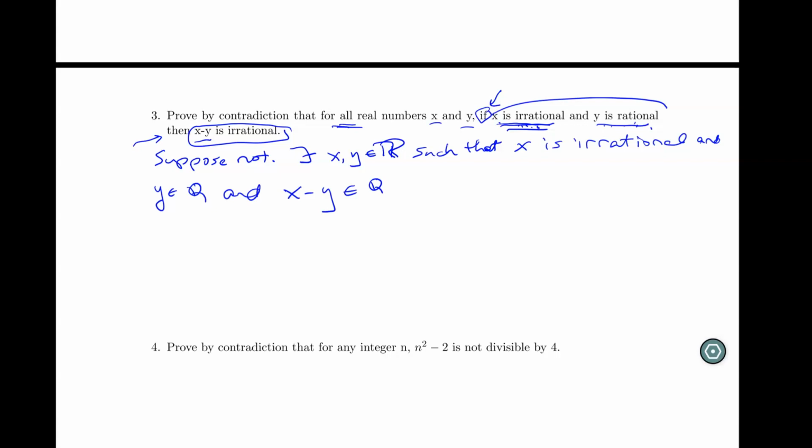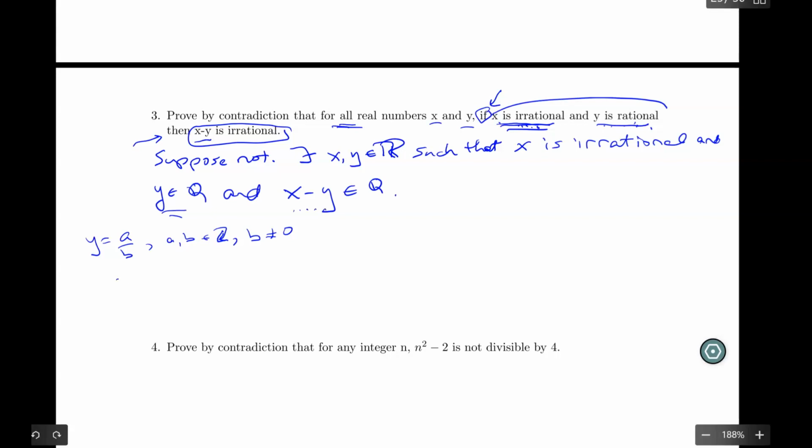Now let's move forward with what I know. I don't have definitions for irrationals, but I have definitions for rationals, so let's start with that. I know that y, being in the rationals, must be a over b, a and b in the integers, b cannot be 0. Then I'm looking at what x minus y is.